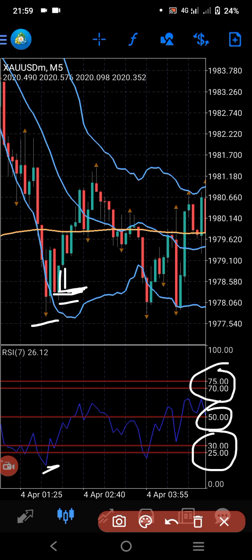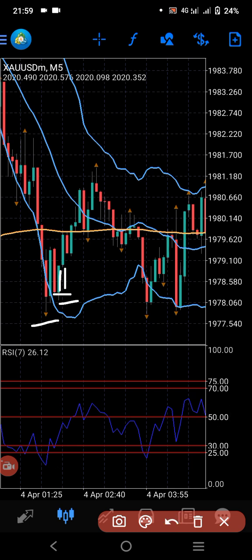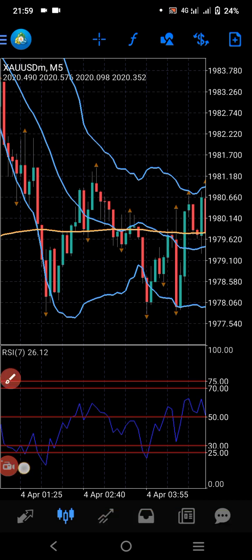If we are going to make use of these parameters, we are going to be making sniper entries, such that when the market was oversold at this point, 20 to 25, we can see how the market was actually behaving at this point.